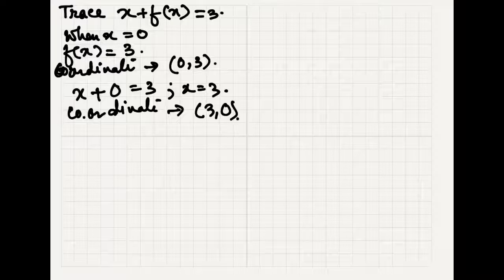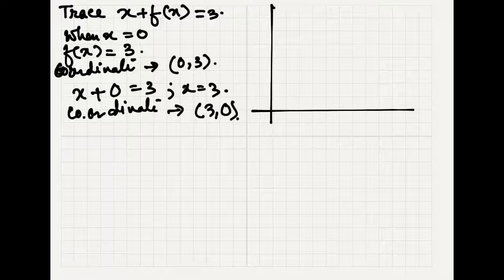Now we can easily plot it on our axes and trace the linear function. So this is my 1, 2, 3, (3, 0) and this is my 1, 2, 3, (0, 3).